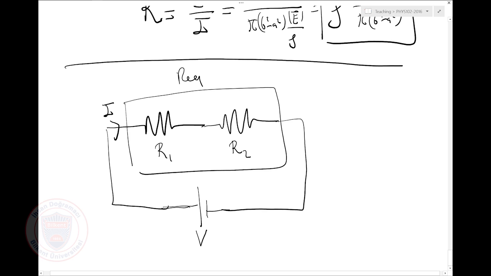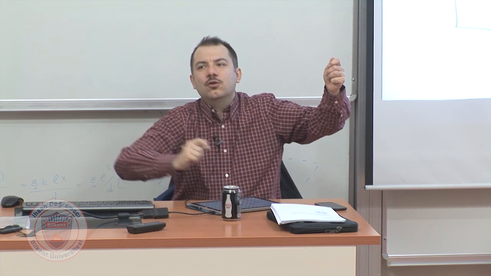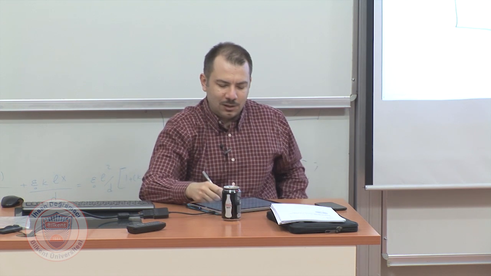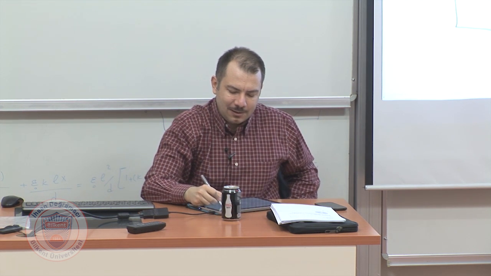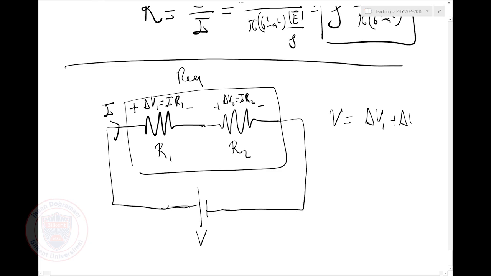Now, what is the voltage drop across the first resistor? The voltage drop, delta V1, is I times R1, right? Voltage drop across the second resistor, delta V2, is I times R2. So what's the total voltage drop from one end of the circuit to the other? V must be delta V1 plus delta V2.